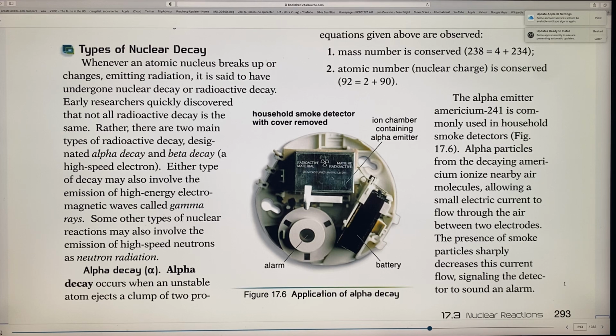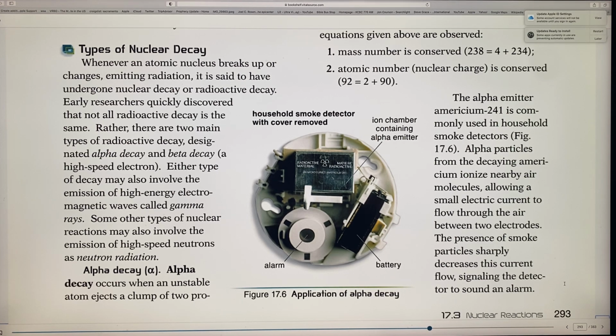They found that this radiation is not all the same; it's different in some places. So they found there are different types and put these into 2 main types: alpha decay and beta decay.